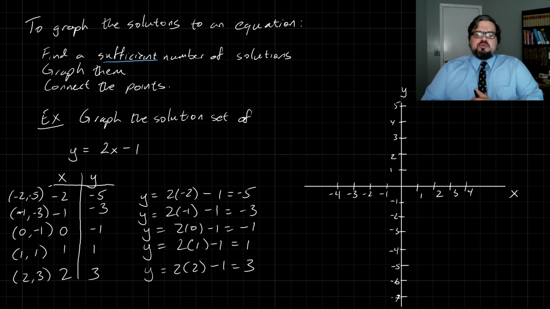Now, this isn't strictly necessary, and if you happen to be working a problem where the scale of the numbers you're working with on the x side and the y side are very, very different from one another, then it can make sense to use a different scale for one axis than the other. Also, depending on your situation, you may only include one quadrant of the graph.